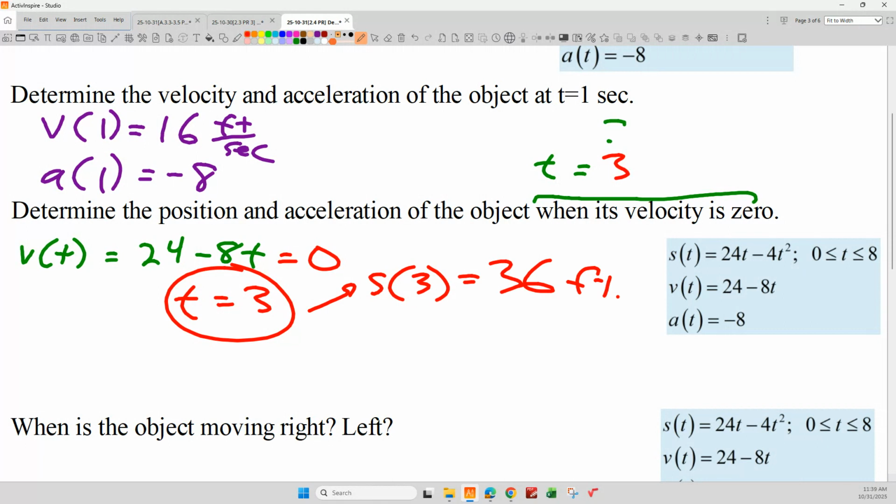It's always negative 8. And feet per second, oh, we never wrote that up there, did we? Feet per second. That's kind of an awkward thing to write. Yeah, so instead what we just say is feet per second squared. But that's what it means, is feet per second per second.